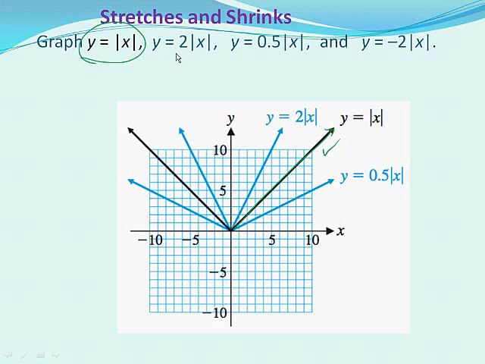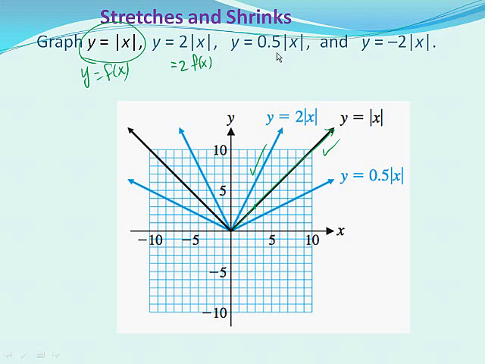If you take y equal to 2 times absolute value of x, which is of the form 2 times f of x, the multiplying number is 2, which is greater than 1. So the graph of y equal to 2 times absolute value of x will be obtained by multiplying every y coordinate of y equal to absolute value of x by 2.